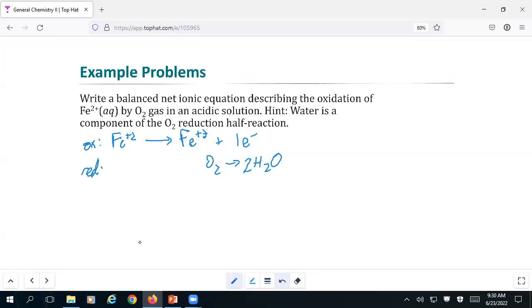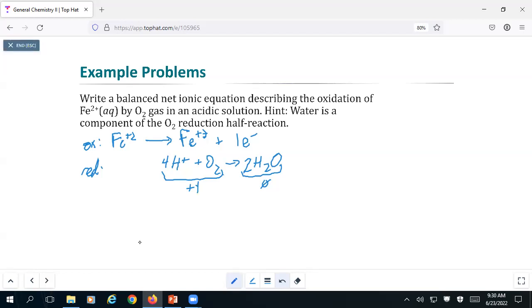Well, the next step would be to balance out the hydrogens with hydrogen ions. Since we're in acid, I have 4 hydrogens over here. I would need 4 hydrogen ions to take care of that. Total charge, no charge on the water side, +4 charge on the oxygen side.